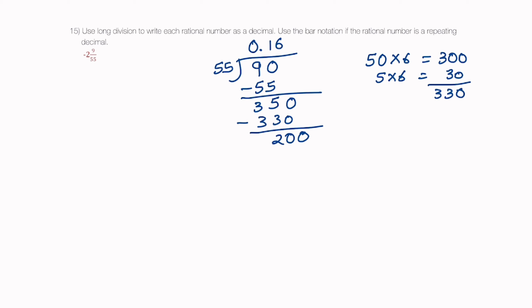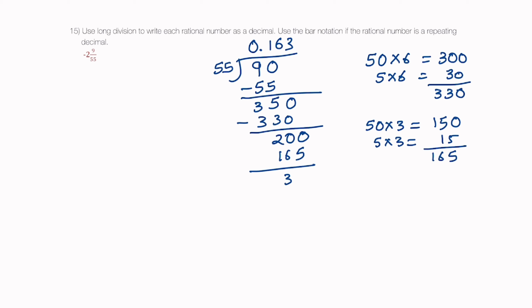Now 55. 5 times 4 is 20, so 4 is not going to work. We have to try with 3. 5 times 3 is 15, so 50 times 3 is 150, and 5 times 3 again, 15. That gives us 165. Right? 3 here, and the remainder is going to be 35.